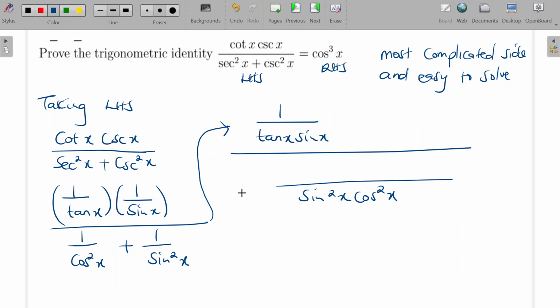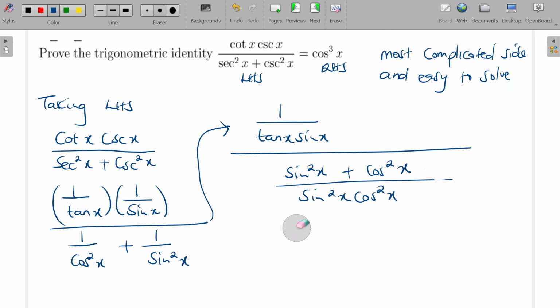Then on top, I'm going to have sine squared x plus cos squared x. Looking at this, you are going to realize that sine squared x plus cos squared x is an identity, which is equivalent to 1.